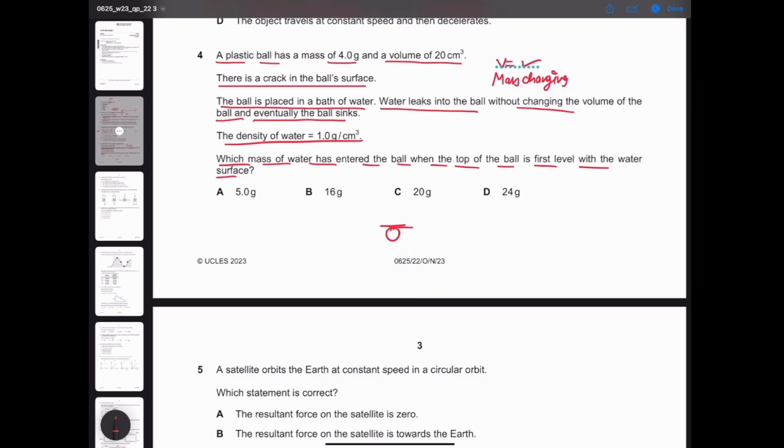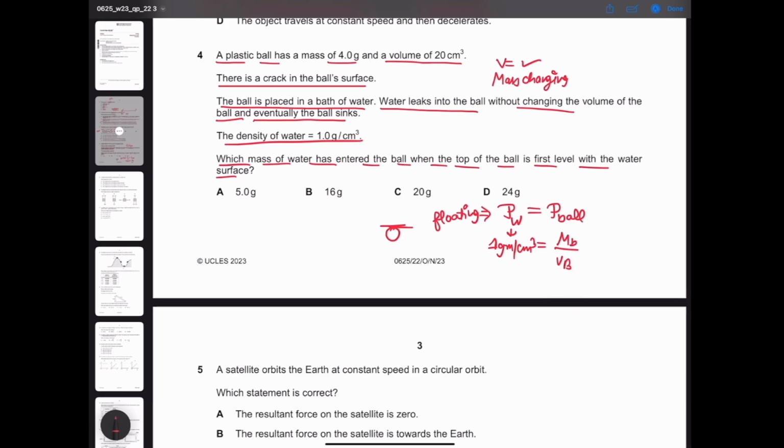So it is trying to say when the ball is nearly here and the water is nearly here. It is nearly a floating condition, and we know that during the floating condition, the density should be the same. So the density of water is equal to the density of the ball. Density of water is 1 gram per centimeter cube. Density of the ball must be mass of ball divided by volume of ball, right?